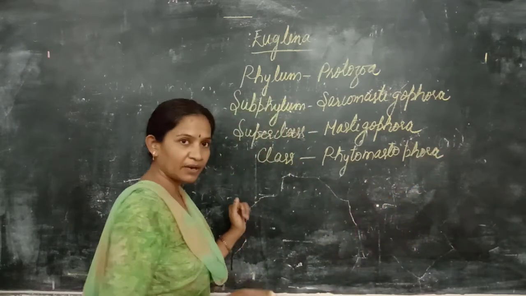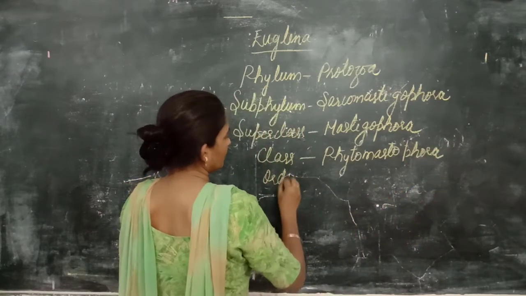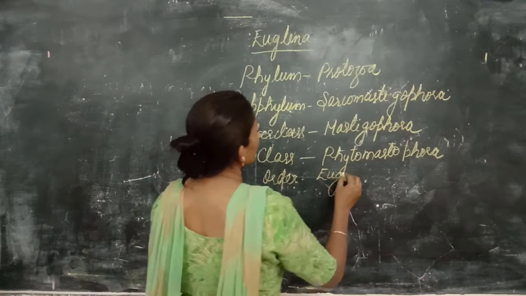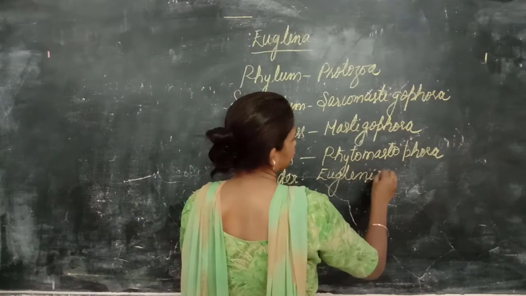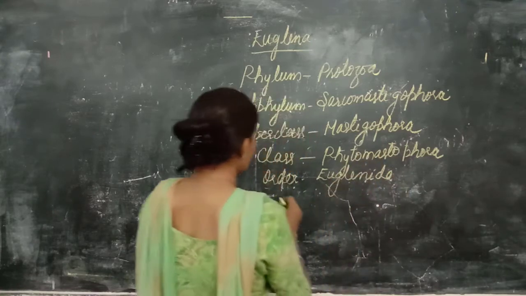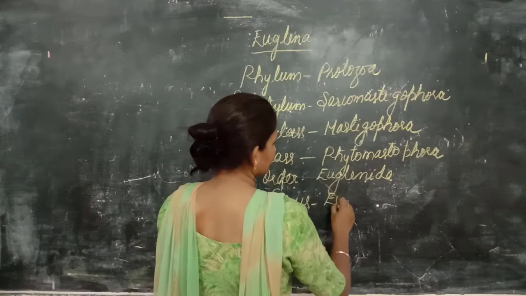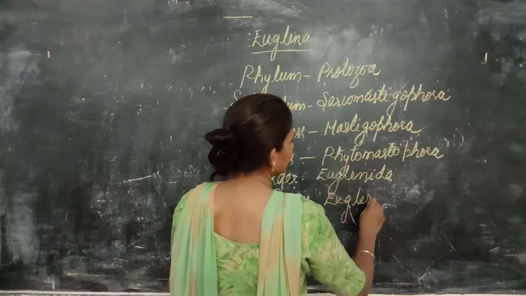Now if we talk about the order, it is Euglenida, and the genus is Euglena.